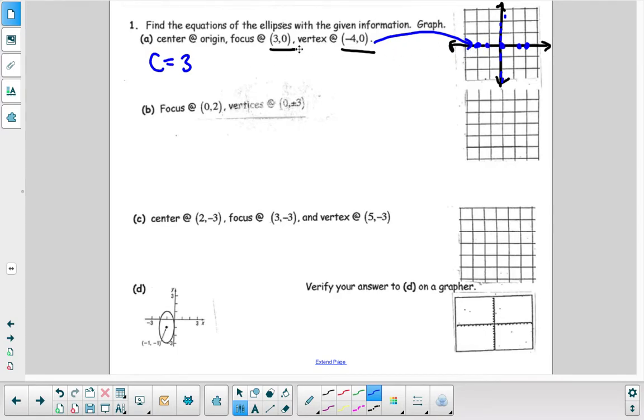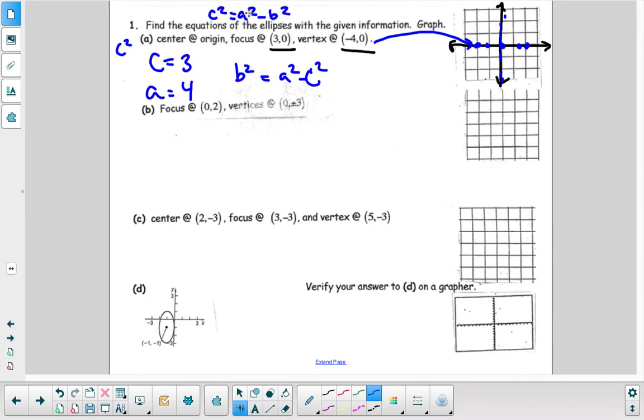And a is the distance away from the center to the vertex. So a is 4. So we need to solve for b to figure out that portion. b squared is equal to a squared minus c squared. And I got that from just rearranging c squared equals a squared minus b squared.